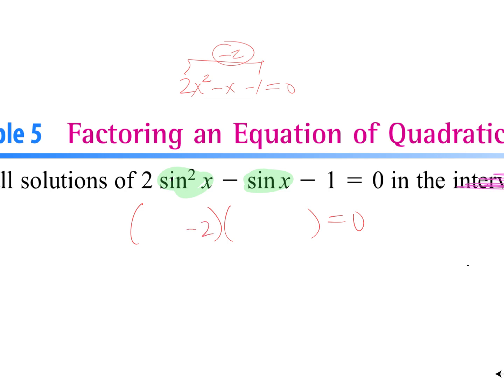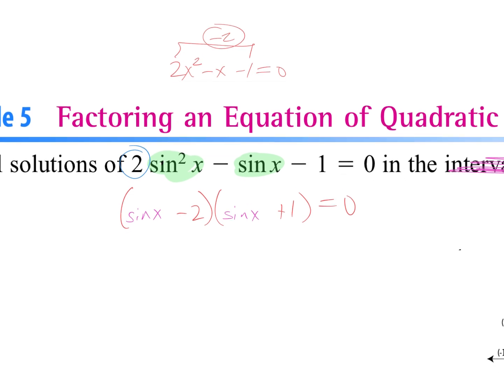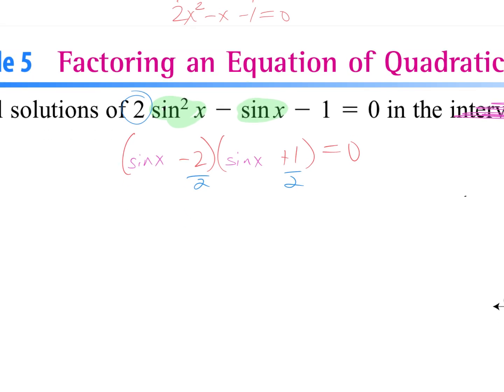Negative 2, positive 1, good. What's going to go in the front of each of my parentheses? Sine, so I have sine x here, sine x here. And my a term is not 1, so what do I do with it? I'm going to divide both factors by 2. So here I have sine x minus 1, and here I have 2 sine x plus 1 equals 0.